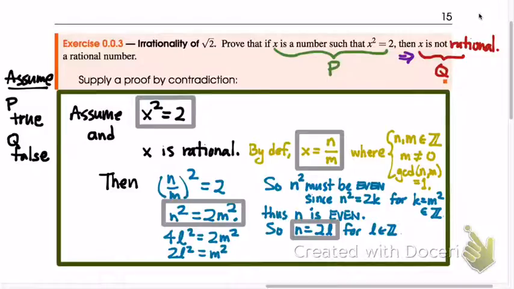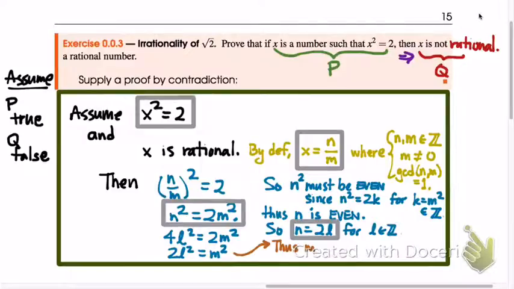Why does that set off my alarm bell? What does that suggest that I can do now? What does it tell us about m? Doesn't that mean they're essentially the same number, since m can be shown to be even as well? Right. So, in other words, not the same number, but the very same logic that we applied to n, we can now apply to m as well.